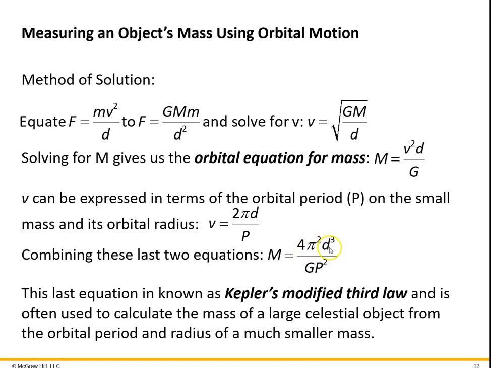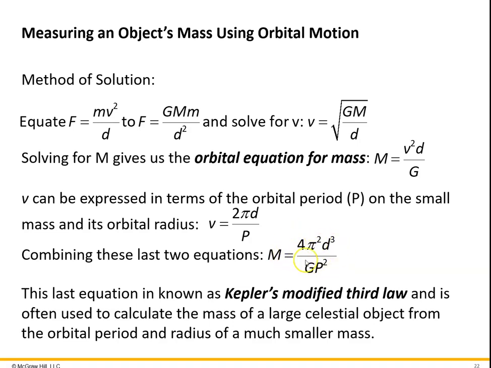The distance has to be in meters. Big G has to be 6.67 times 10 to the minus 11th, because that's what it always is. And then the period here has to be in seconds. I'm going to do several examples with this, but if you know what D is and you know what P is, you can work out what the mass is.